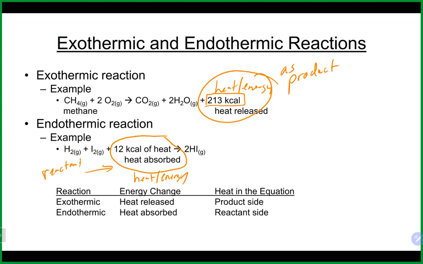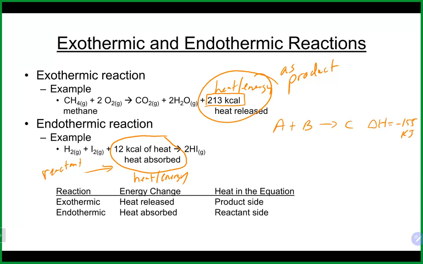So if you see an equation written and they put heat or energy on one side of the arrow versus the other, that will tell you if it's exothermic or endothermic, or if they actually put a value, like here, the kilocalories. But I would say probably 9 times out of 10, this is how you would see the energy displayed in an equation.